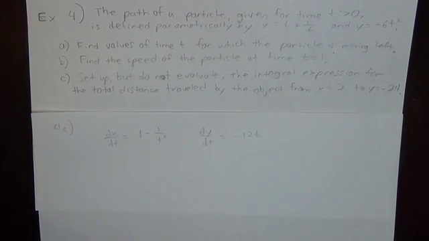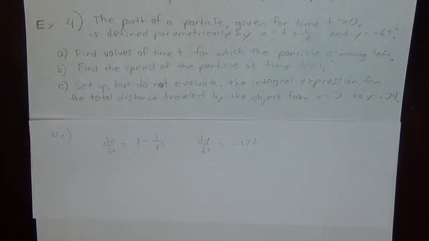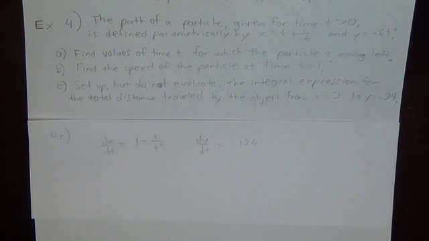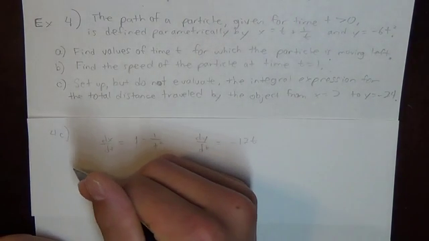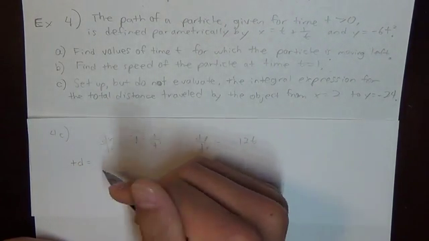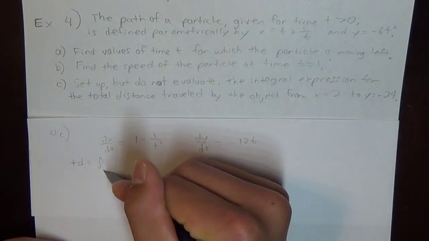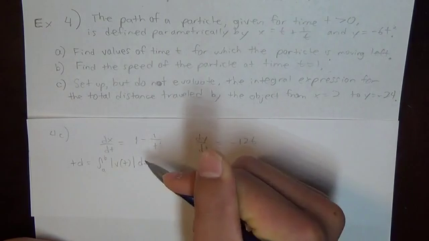Alright, 4C. Set up but do not evaluate the integral expression for the total distance traveled by the object from x equals 2 to y equals negative 24. For non-parametric equations, you might remember that the total distance formula is the integral from a to b of the absolute value of velocity.